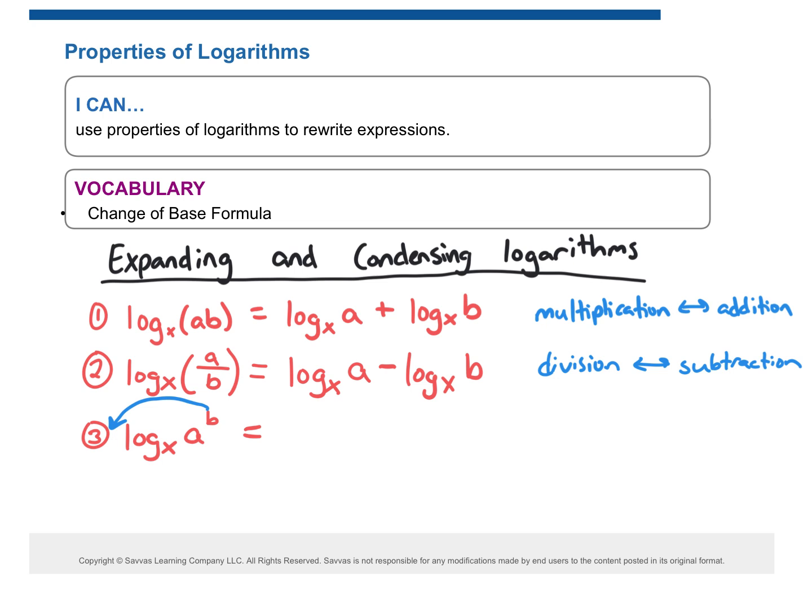So this turns into B times log base x of A. Okay, so when you have an exponent, that just moves to the front of that log. Okay. So if I went back this way, where does that B go back to? It goes back as an exponent. Yep. So these two we're not really condensing or expanding. Okay, we're just kind of rewriting it in a different form.